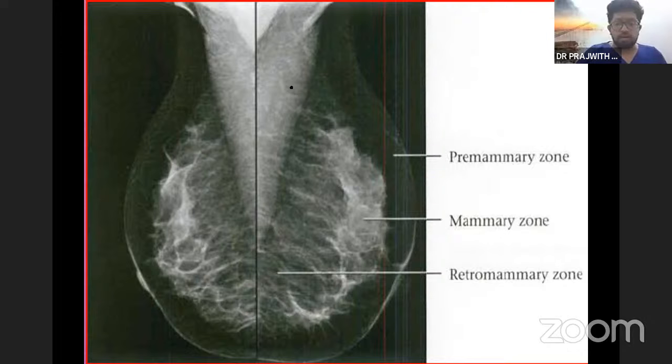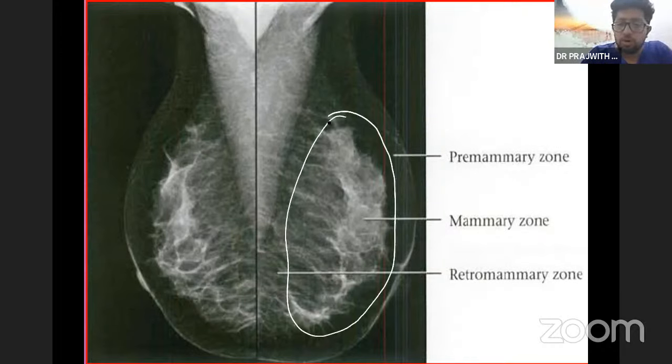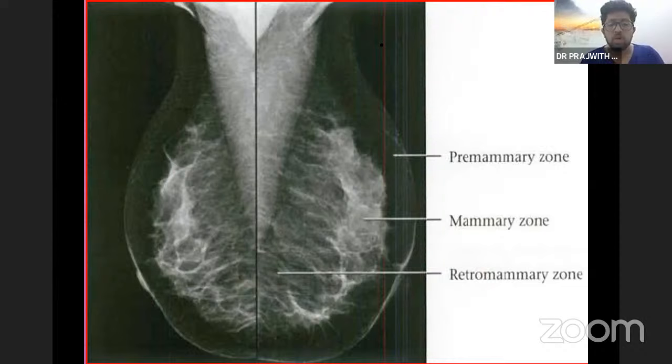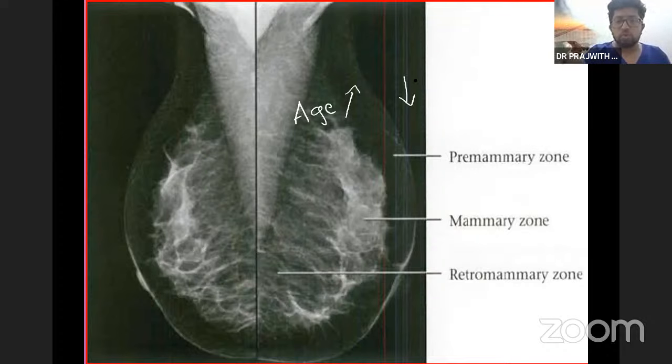Then we know that there are different zones. But what we usually expect in a good mammogram is that the mammary zone should have minimum fibroglandular tissue. This happens with progress in age. As the age increases, the fibroglandular tissue reduces, and that's when this white density reduces.